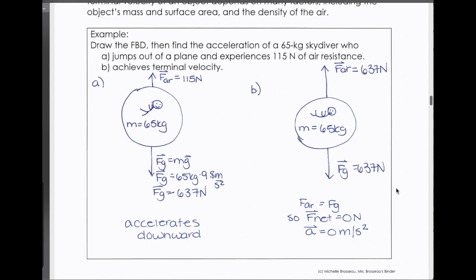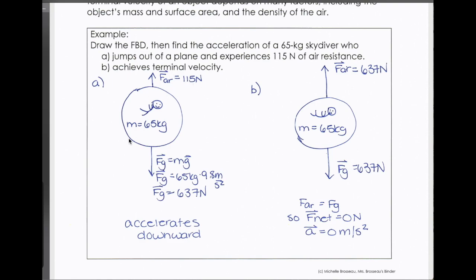If we have a skydiver who is 65 kilograms, and they jump out of the plane and experience 115 newtons of air resistance, if we were to draw that, we have our person who's 65 kilograms. We have our air resistance, which is going to be pushing up on the person at 150 newtons.